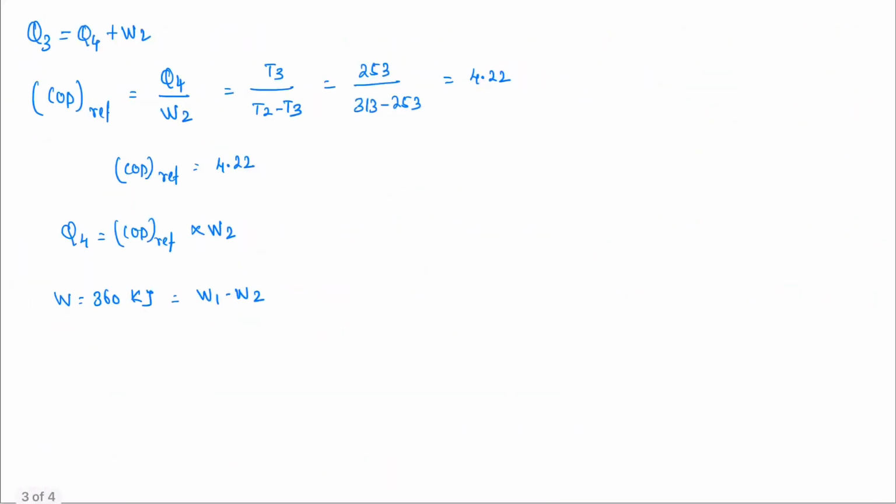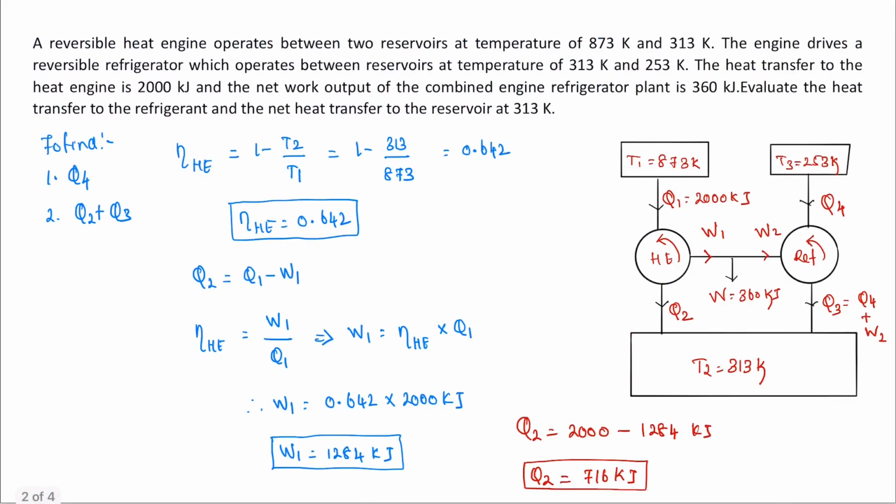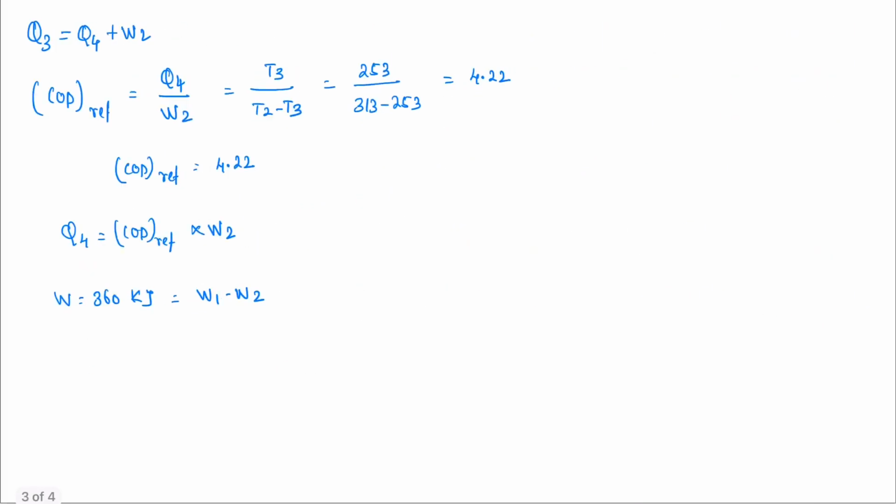Here the value of W1 should be greater than W2. That is, the work produced by the heat engine is given to the refrigerator. Therefore, the difference in work is given as 360, so we write W1 minus W2 as 360.